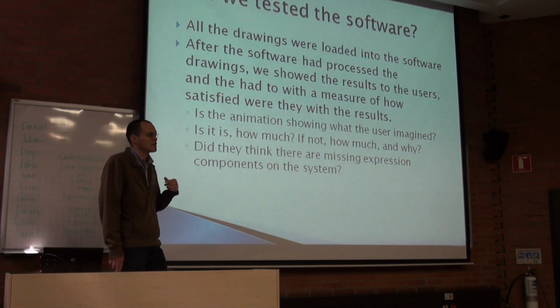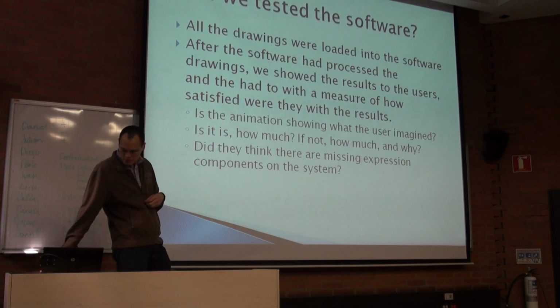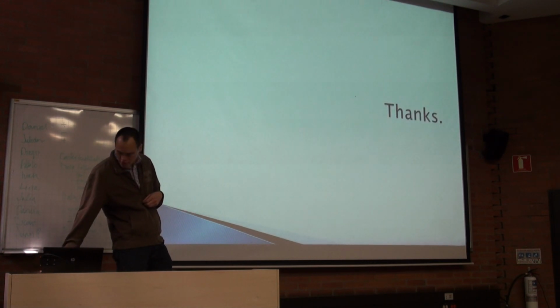If not, then why has the system not interpreted the animation well enough? And we ask people if they think there are some missing expressions in the system. For example, if they wanted to say something, but the system didn't allow it. And that's it.